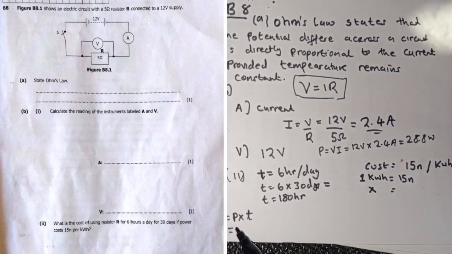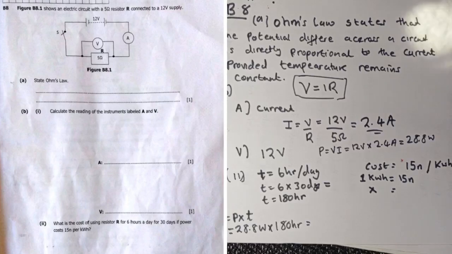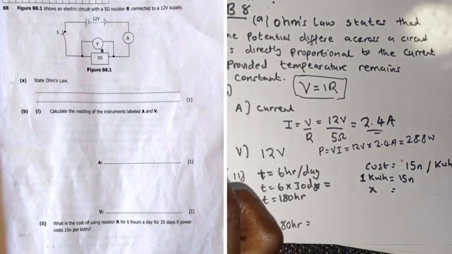So this we write 28.8 watts. The time is 180 hours. What do we get? We're just going to say 28.8 times 180.